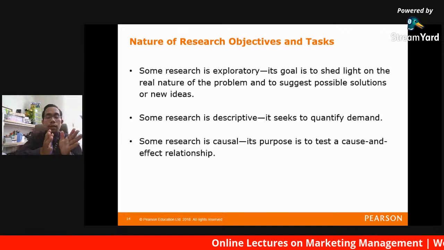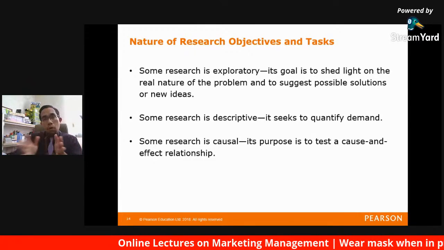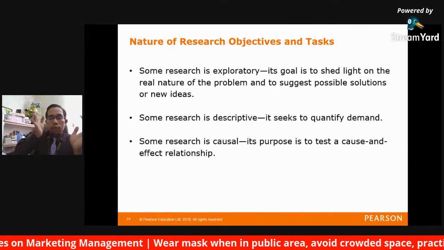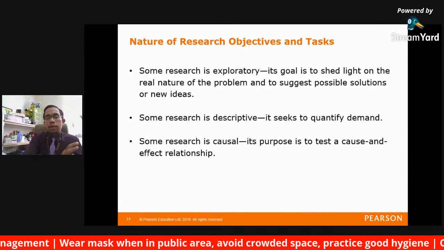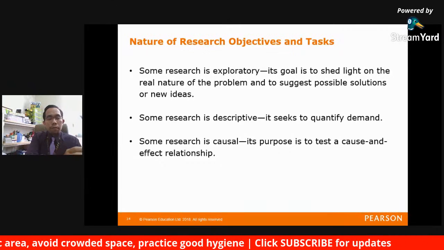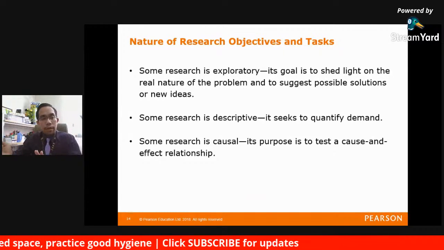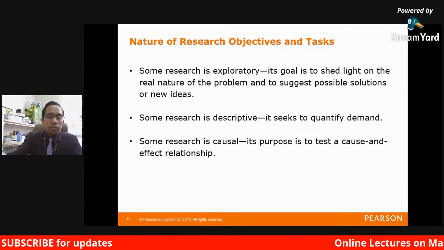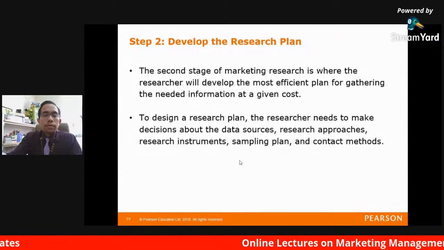Exploratory just gives you more in-depth insight into the matters, which we later use in the descriptive. Another type of research, where you want to test before and after, we call a causal type of research.